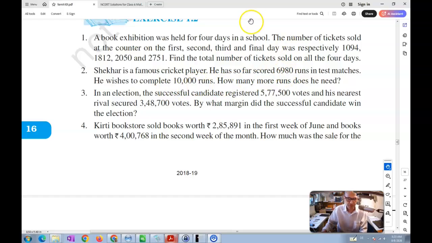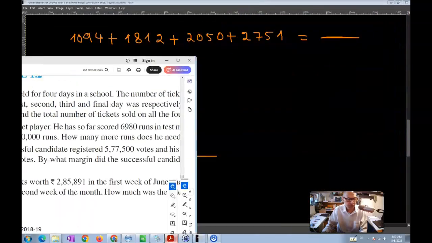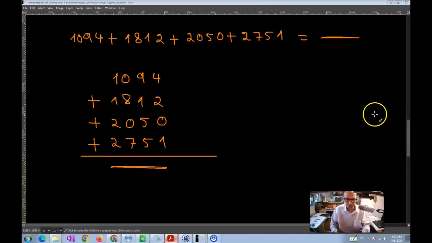Now, let me quickly show you a model that you can use for subtraction.